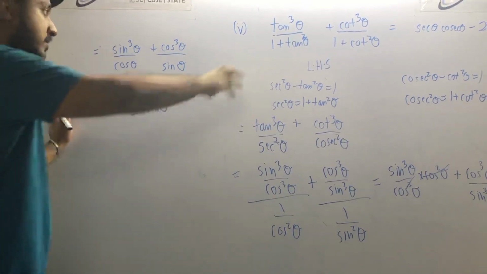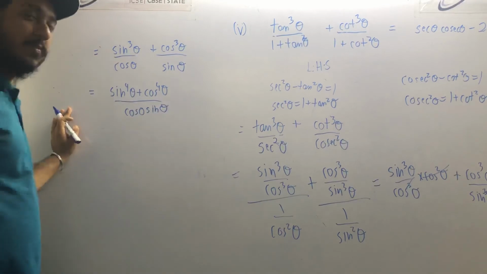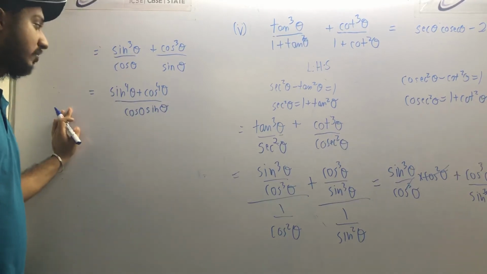Okay, so from this we have made it into this form: sine raised to the power 4 theta plus cos raised to the power 4 theta upon cos theta sine theta.